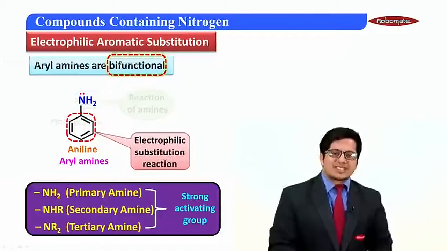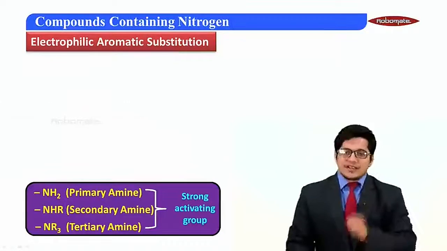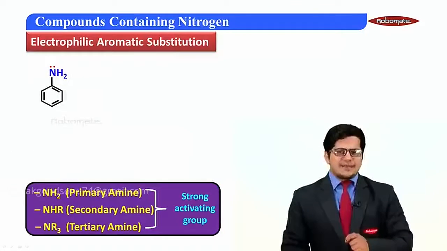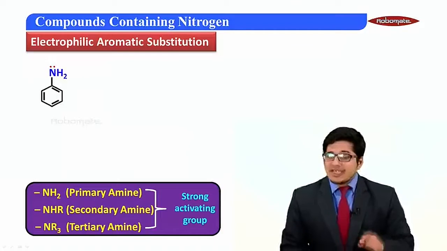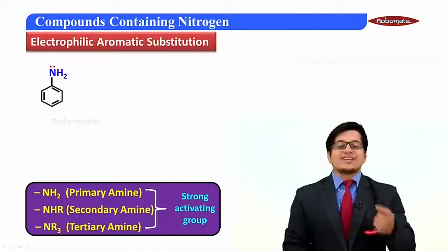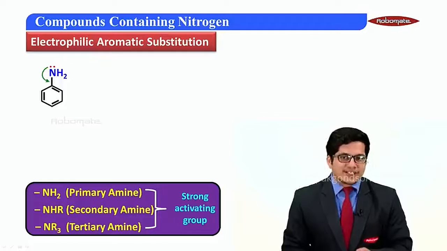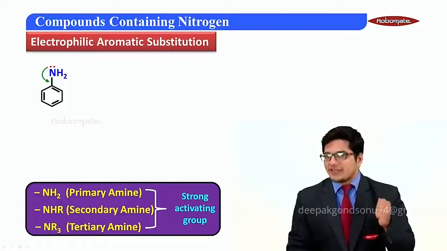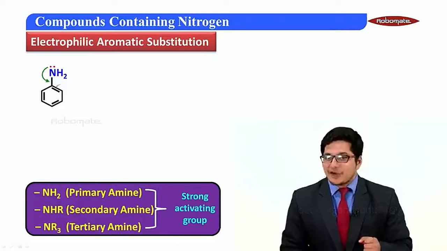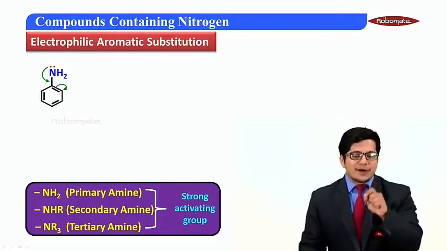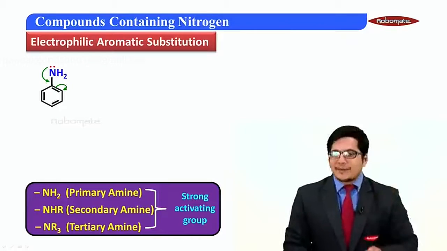Let's revise once again. If we have an aniline molecule, it would undergo a resonance effect. The lone pair would get shifted towards the carbon-nitrogen bond, and the double bond would be shifted onto the carbon atom.